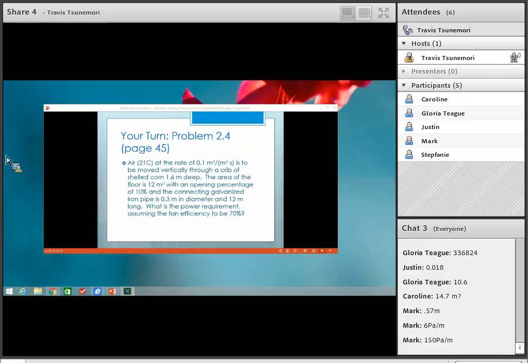Okay, so go ahead and convert that into friction loss through the grain, and don't forget to multiply by your correction factor, which is 1.5. So you can take your 150, multiply by your depth of grain, multiply by your correction factor, and then convert the units to meters of air.